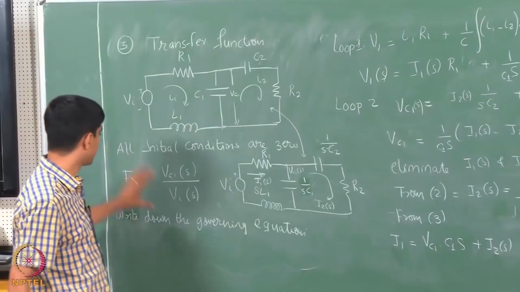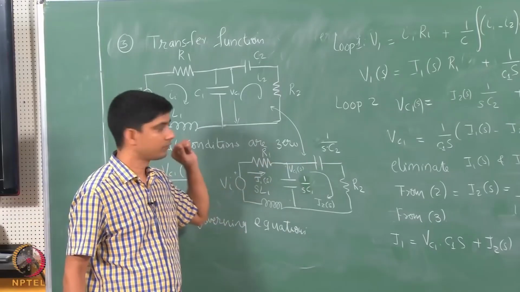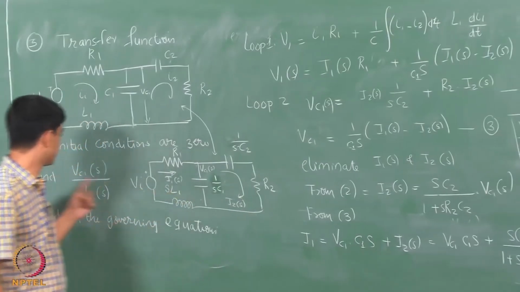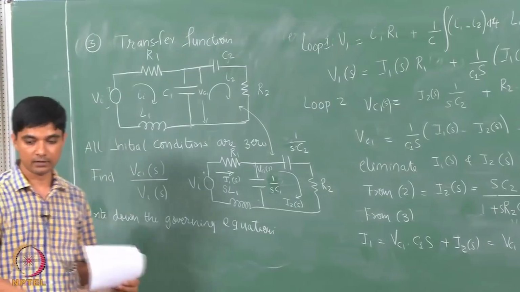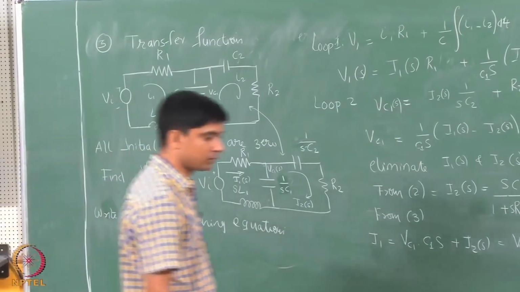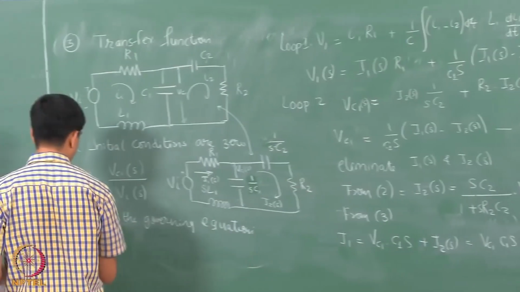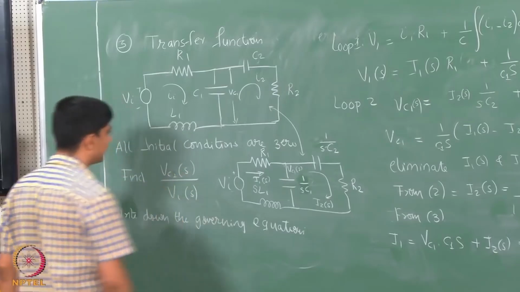Right. So, what have we done, right? Again, first we write down the individual loop equations and try to eliminate each of the variables to get an expression which will give us the ratio of Vc1 by V1. Right. So, similarly, I could also compute the transfer function from V1 or Vi to Vc2.